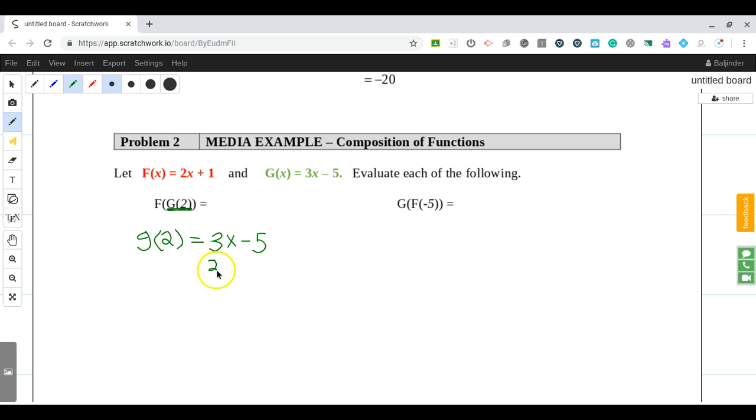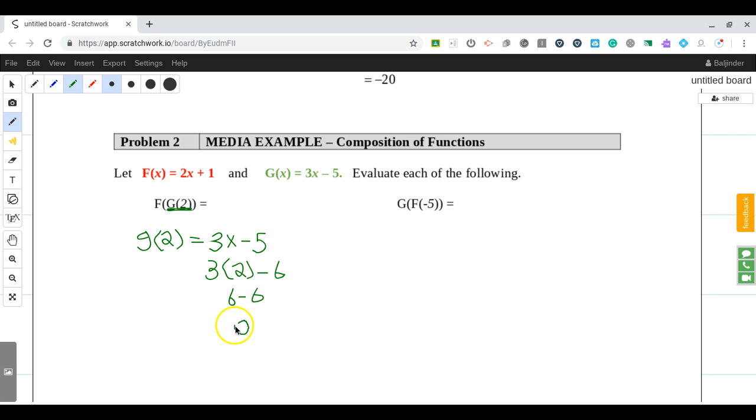This is technically 3 times 2, right? So I'm going to use parentheses for multiplication. So this is 3 times 2 minus 5. You could do this math in your head and simplify this whole thing. So 3 times 2 is 6, right? And then 6 minus 6 is 0. So guess what?